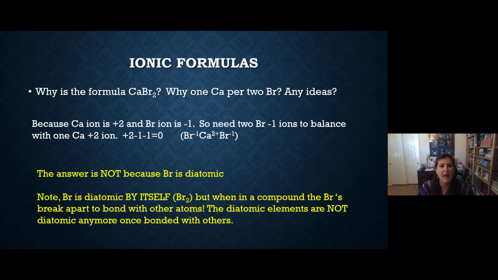So the diatomic elements are not diatomic anymore once they bond to something else. So that's not the right answer. The correct answer is to think about their charges. That's going to become very important in chemistry class. We have to know the charges of our ions in order to do a lot of the chemistry coming up.